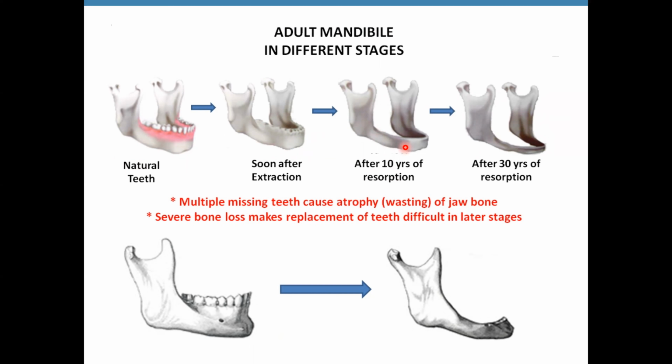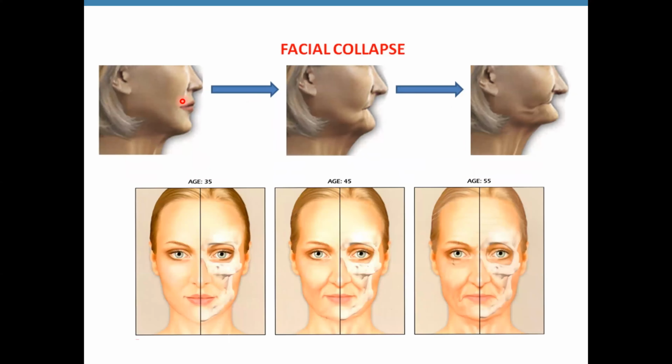And you see the mandible really decreases in size, and we call it face collapse, right? So here's a normal mandible, and here's a mandible that resorbed in an older age, especially if somebody lost natural teeth. That's how it will look, right?